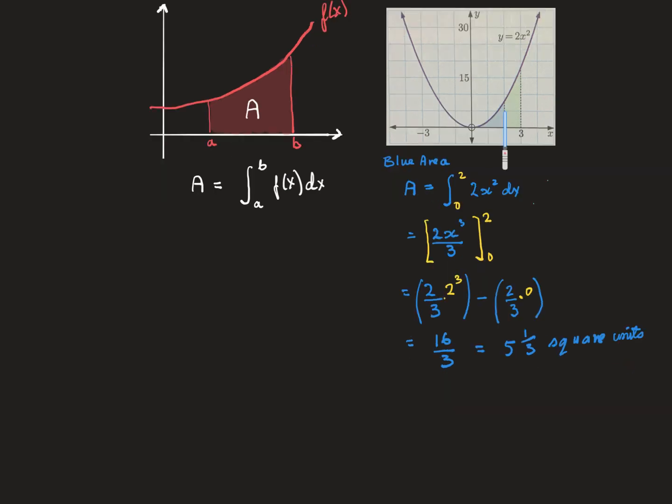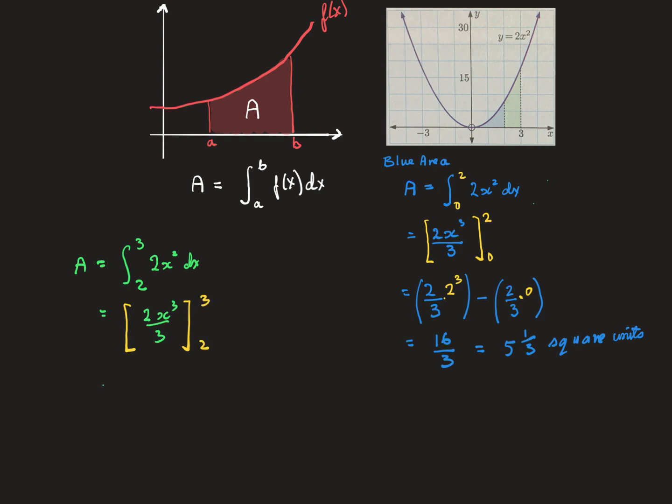If we're to do the green area, it's bounded by 2 and 3, so we could work this out by saying that area is equal to, from 2 to 3, the integral of 2x squared with respect to x. And that is going to be, as before, we'll just write them in square brackets, 2 times x cubed on 3, and we are now bound by 2 to 3.